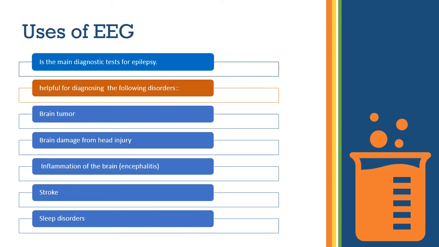In case of inflammation of the brain, what's called encephalitis. Also in stroke, ischemia or infarction within the brain, and also in certain sleep disorders. Of course, we have many other uses for the EEG, but we will just have these few points. You can memorize them because they are simple.